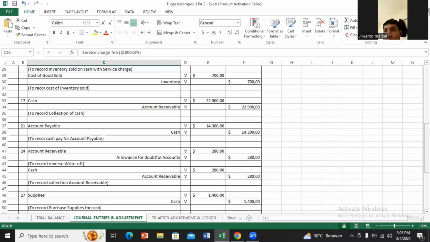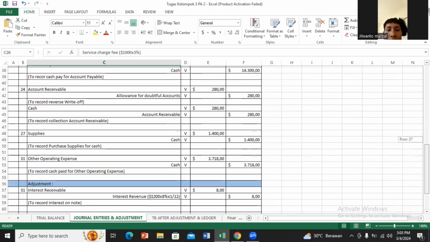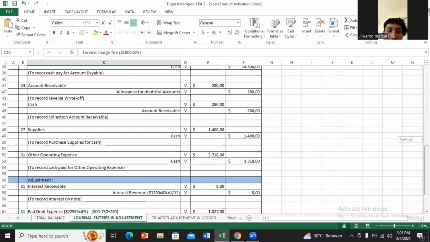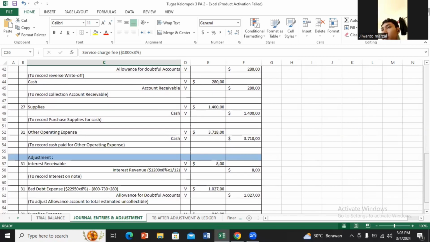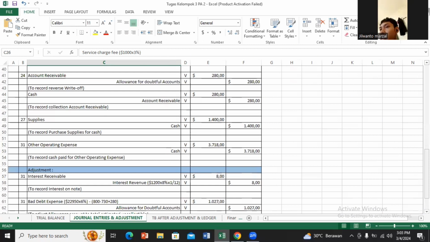The next one is 27 January. Winter purchased supplies for $1,400 cash. So we bought supplies in cash. So the journal is supplies in debit $1,400, and cash in credit $1,400.